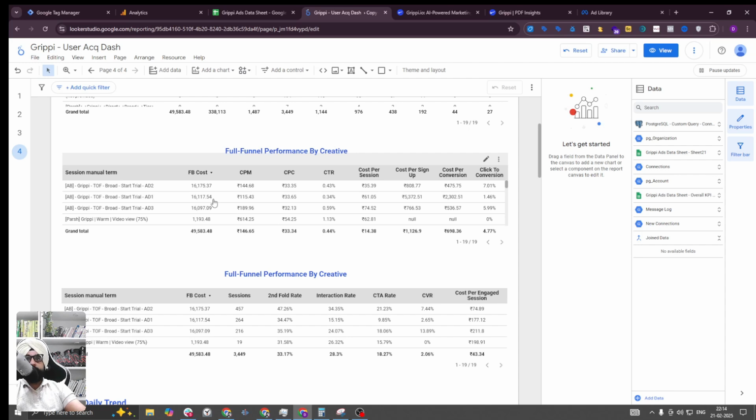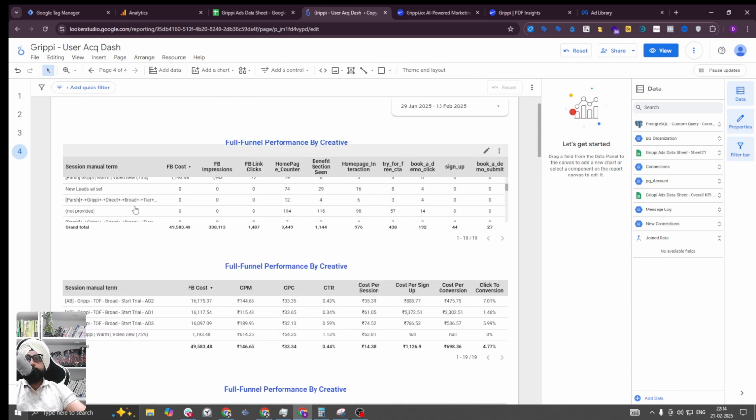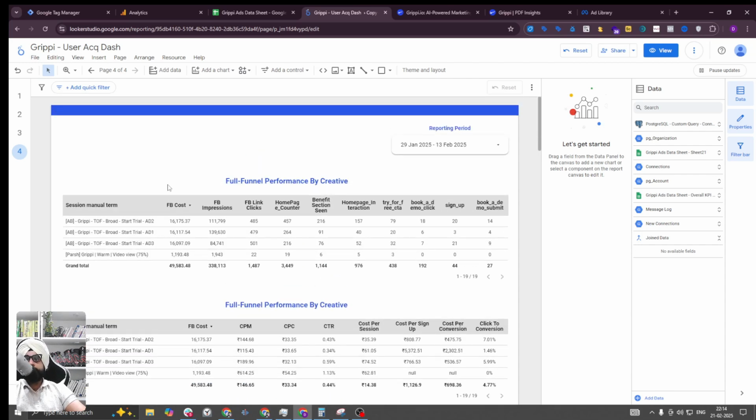So it's commonsensical that we need to pause ad 1. Okay. But then that will reduce the number of creatives in our inventory. The other thing that we need to do is, when we are having different creatives, we need to clearly establish what the theme is for each creative, and we need to understand why one creative is performing better than the other.